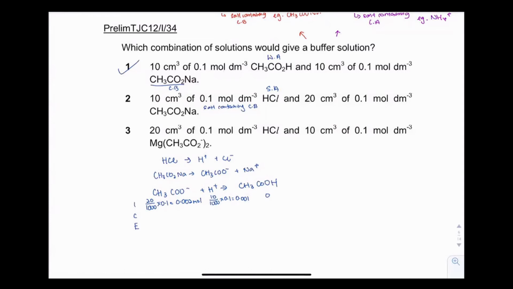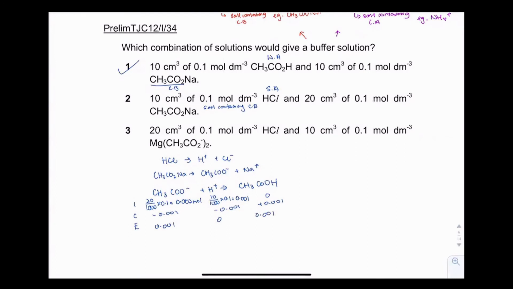In this reaction, my mole ratio of ethanoate to H plus is 1:1. So H plus is my limiting reagent. I will minus away 0.001 and minus away 0.001 and plus 0.001 for the product. So over here, I'll have 0.001 mole of ethanoate ion left, 0 moles of H plus left, and 0.001 mole of ethanoic acid.